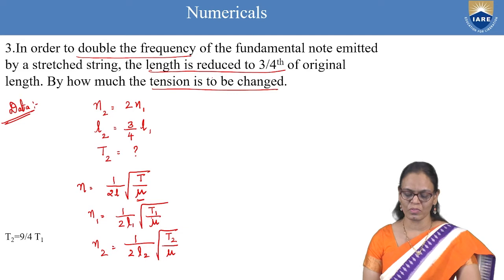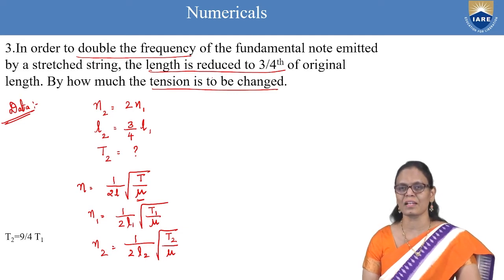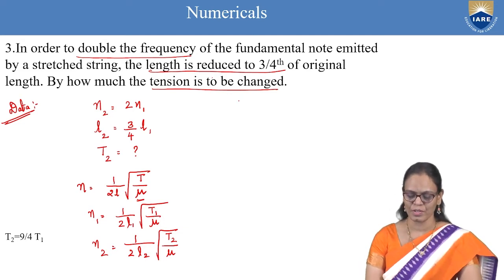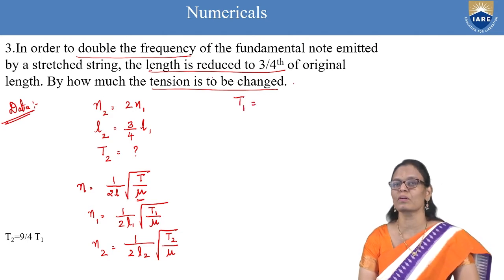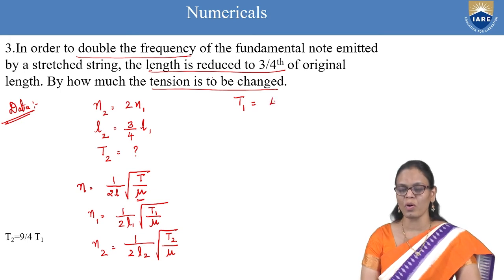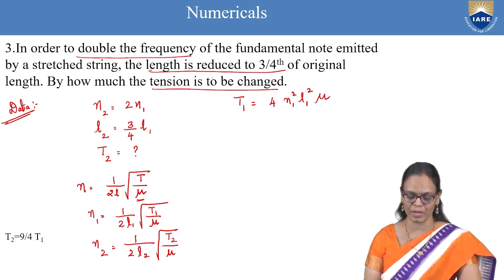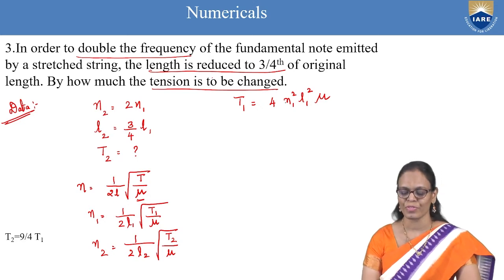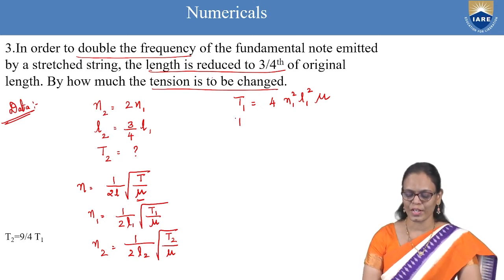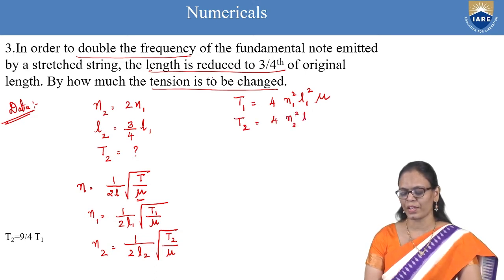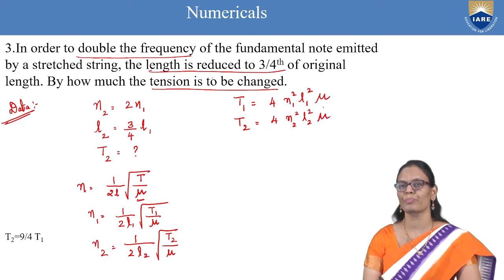So we want to find the tension. Let us write the formula for tension. From the first formula, if I am squaring on both sides, T1 is equal to 4 N1 square L1 square into mu. So T2 will be 4 N2 square L2 square into mu.